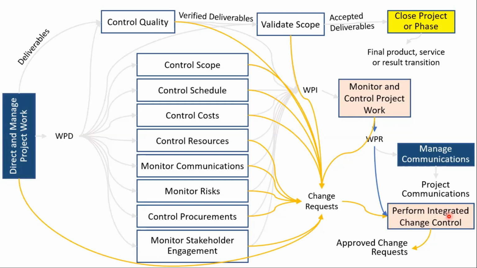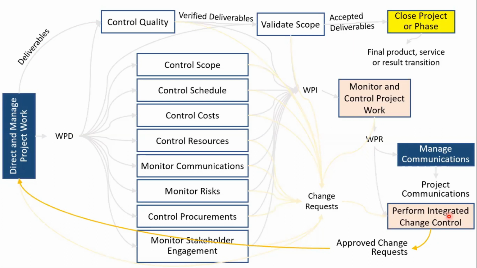They all come as an input to only one process, that is perform integrated change control. And the review and analysis and the decision making process happens within perform integrated change control, and then approved change requests are an output. Now, what happens to the approved change requests? Yes, the change requests are approved. What should I do next?